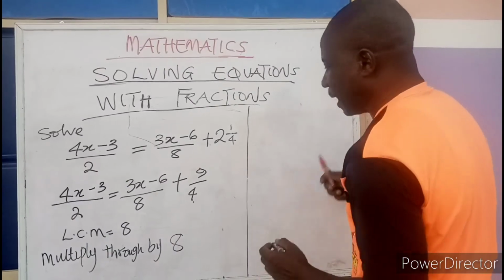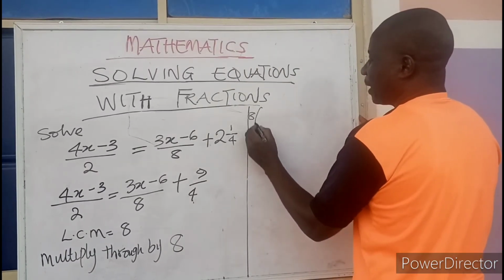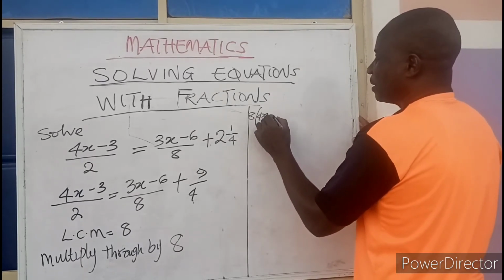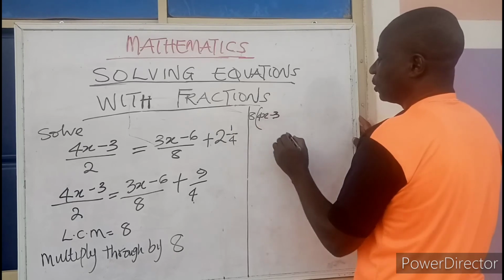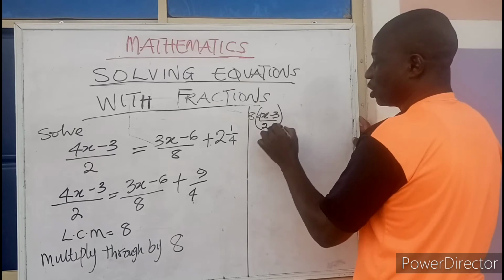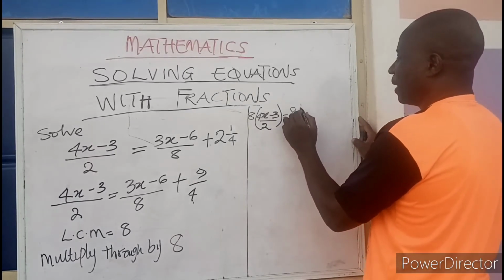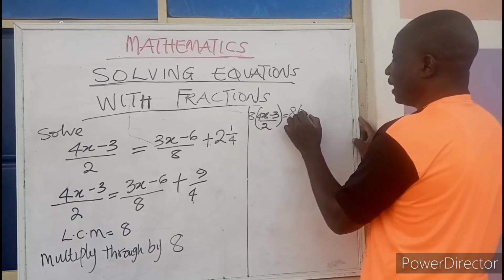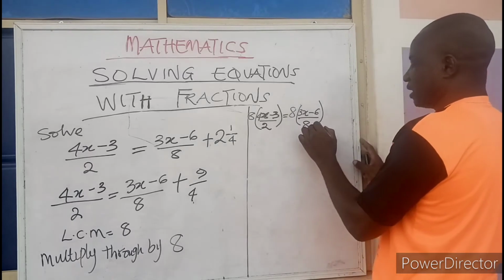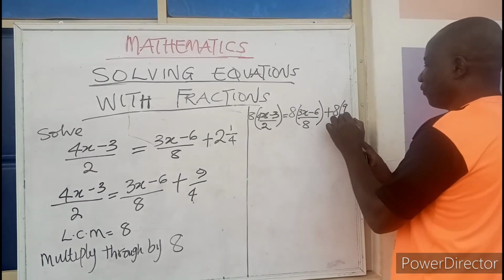If I'm multiplying through by 8, of course, this one now becomes 8 bracket 4x minus 3 all over 2, close the bracket, is equal to 8 bracket 3x minus 6 all over 8, close the bracket, plus 8 bracket 9 all over 4.